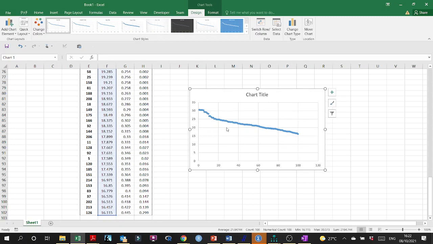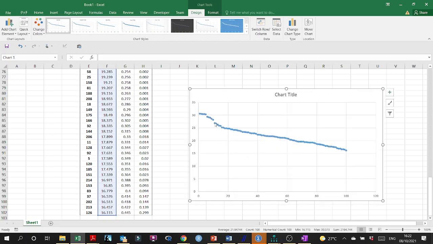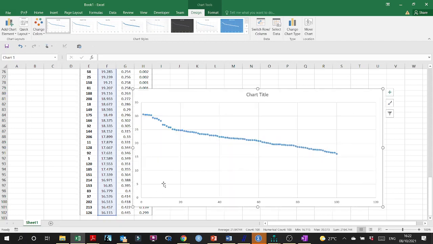So this is the distance. I probably would say over here there is a jump, I would say, but over here there's another jump.